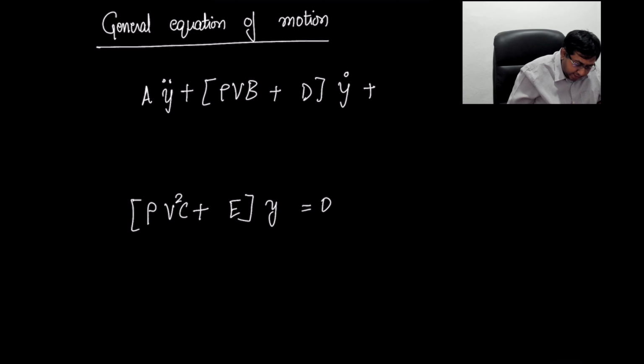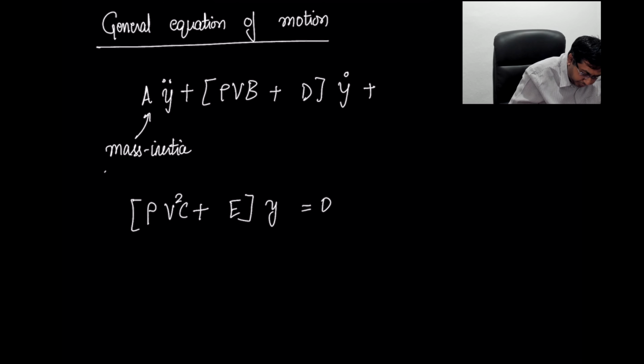So here our A is nothing but our mass inertia matrix. This term is nothing but our aerodynamic damping.